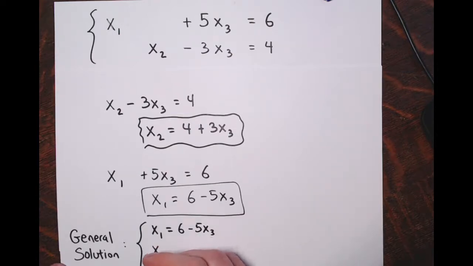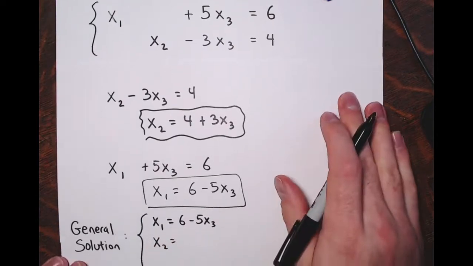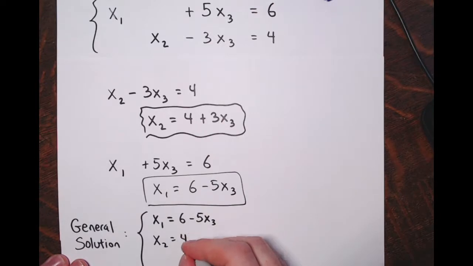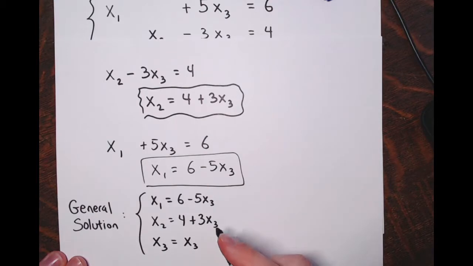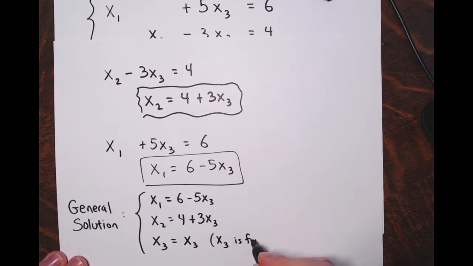I replace x2 with 4 plus 3x3. And I replace x3 with whatever our x3 is. Or you could just write x3 is a free variable. You can let it be whatever you want. That's an R, sorry.